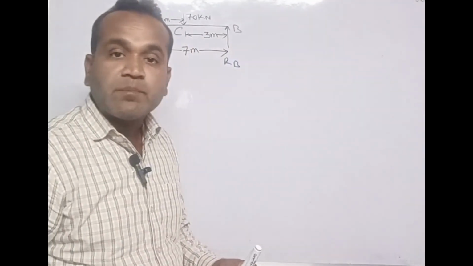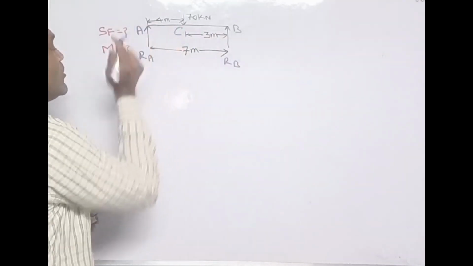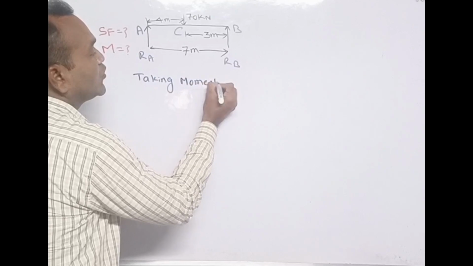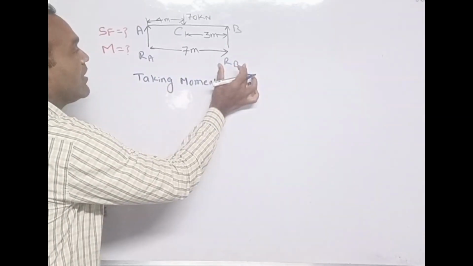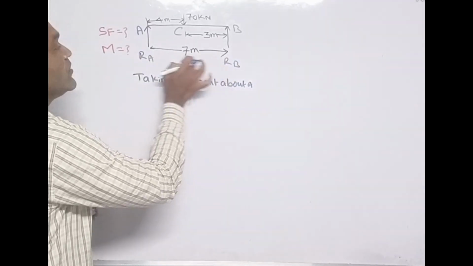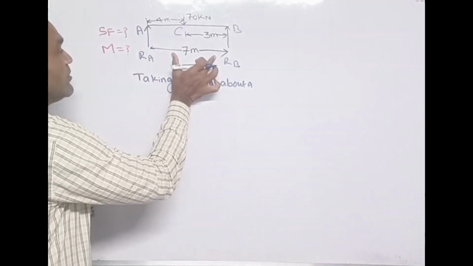The first step, taking moment about A. It means I will multiply this RB times the whole length, RB times this whole length, the 7 meter.